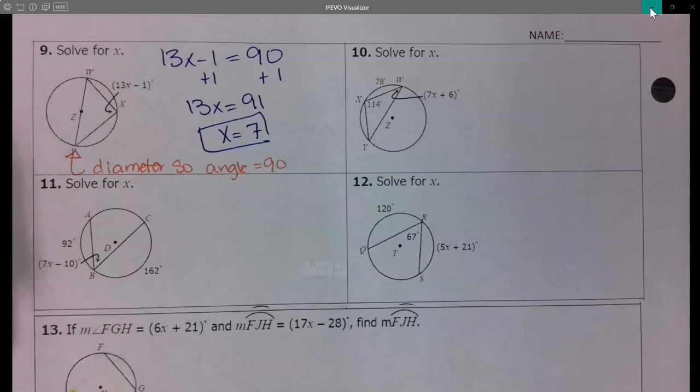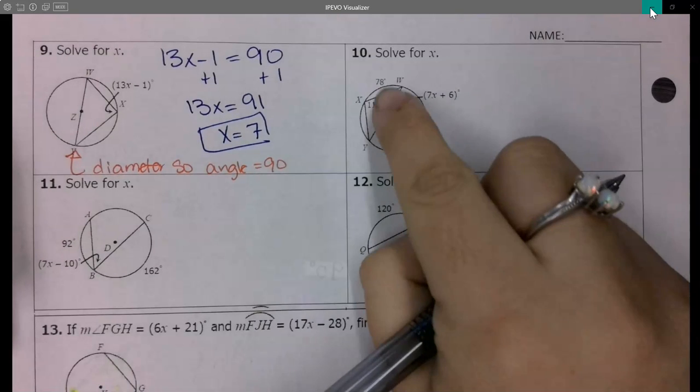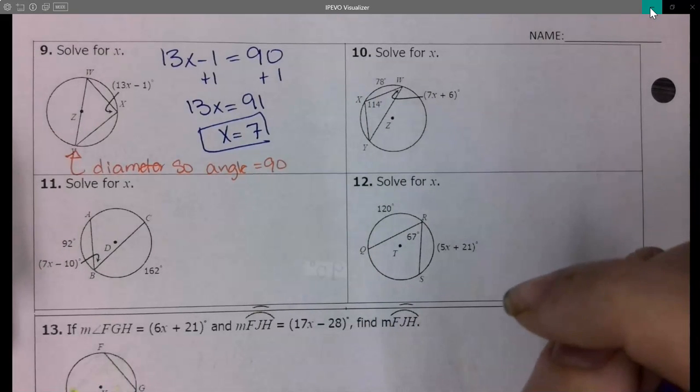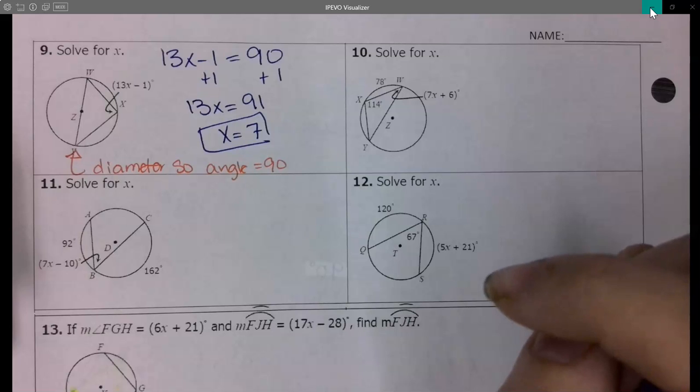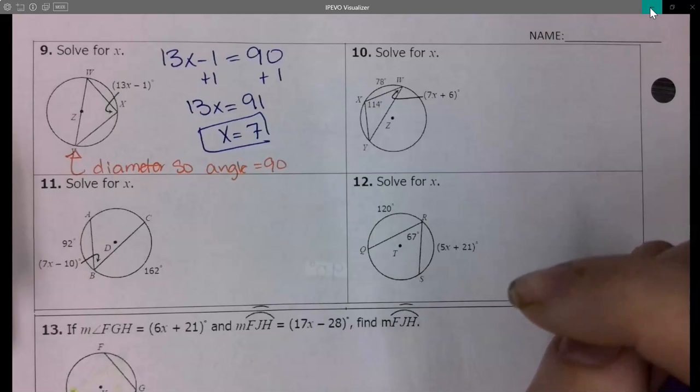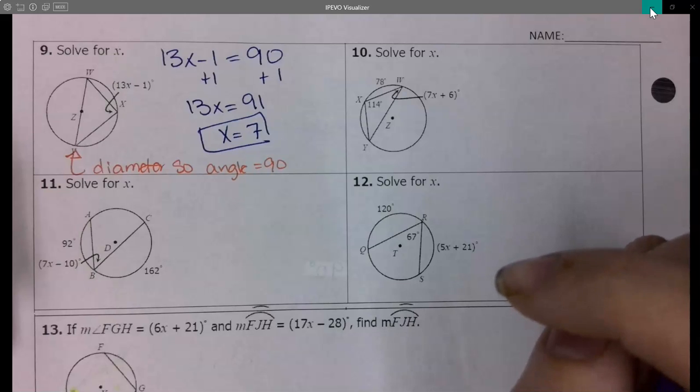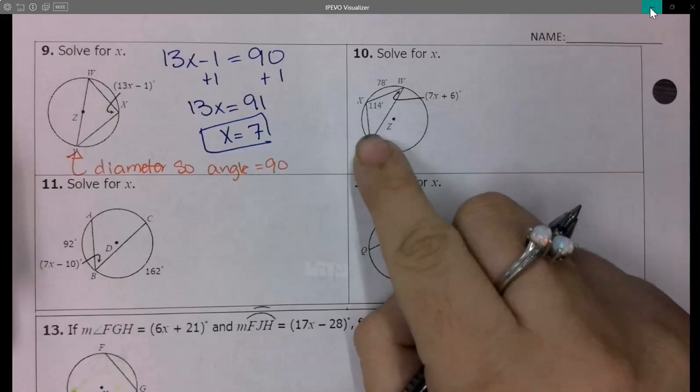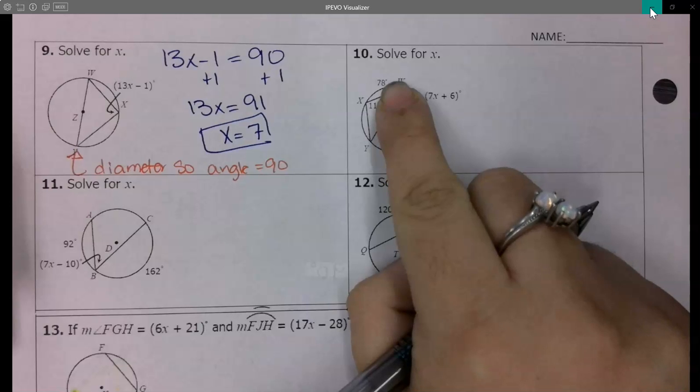Okay. So number 10, I know this arc length is... Okay. So on this one, I want to figure out what this angle is. I know that this arc length is 78.